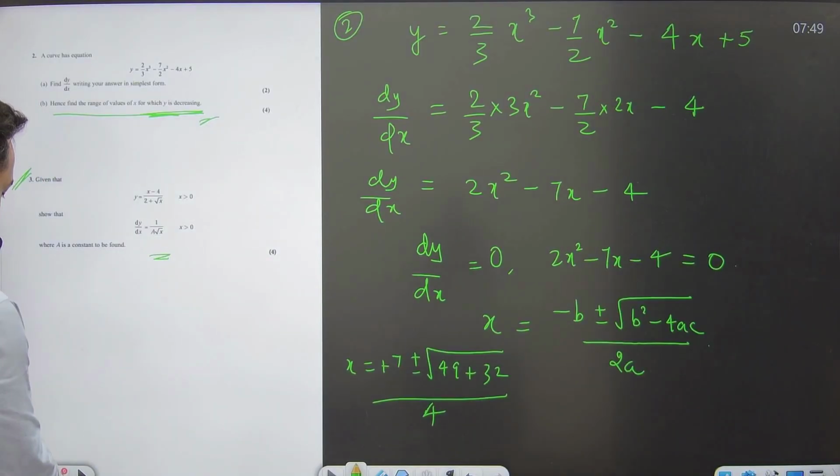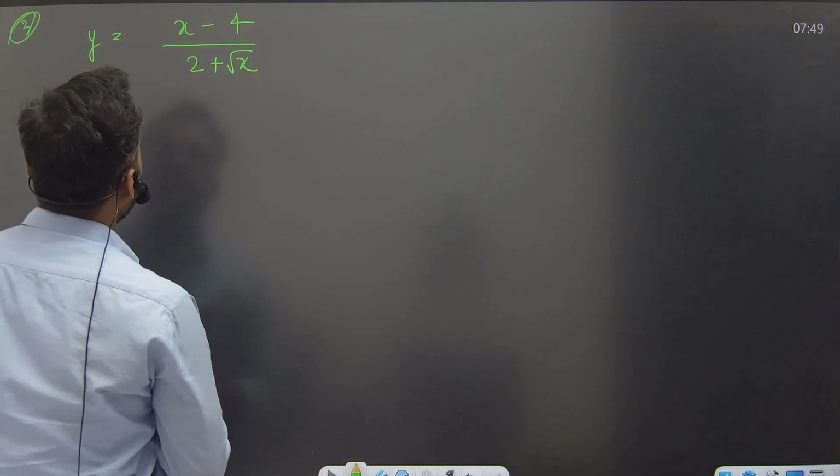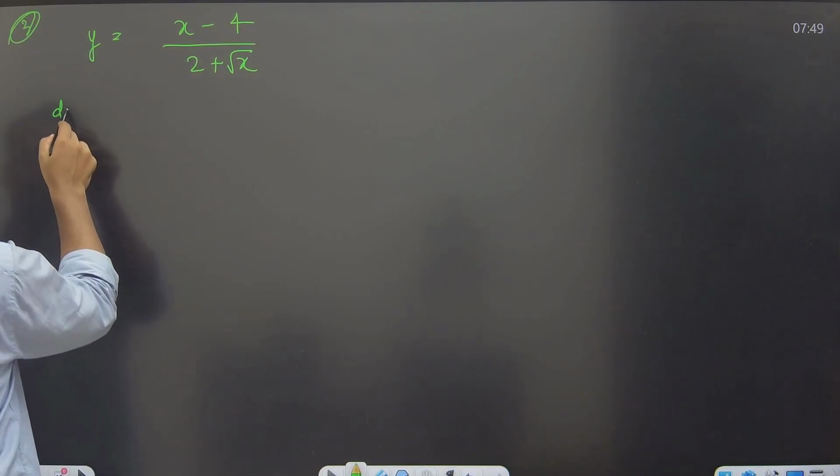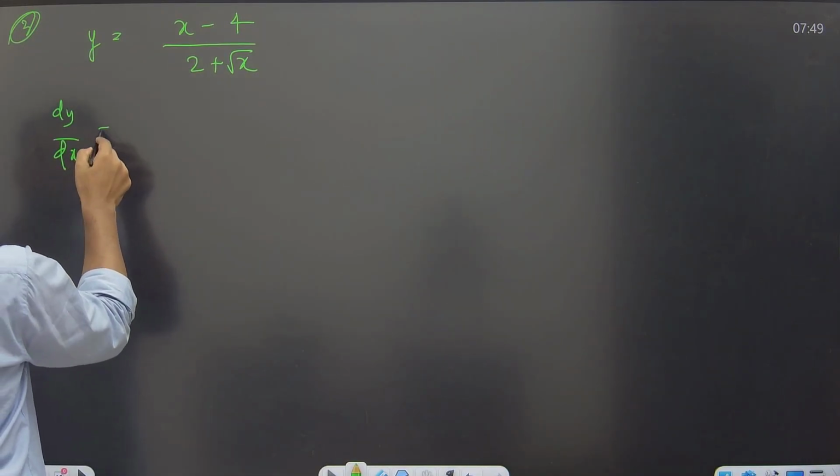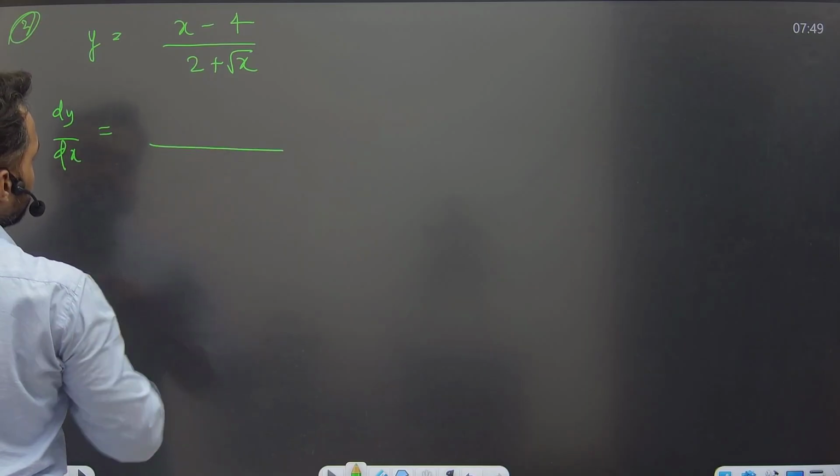Yes, so what we need to do, we are differentiating the function. So what we'll get? dy by dx equals, we'll apply the quotient rule here.